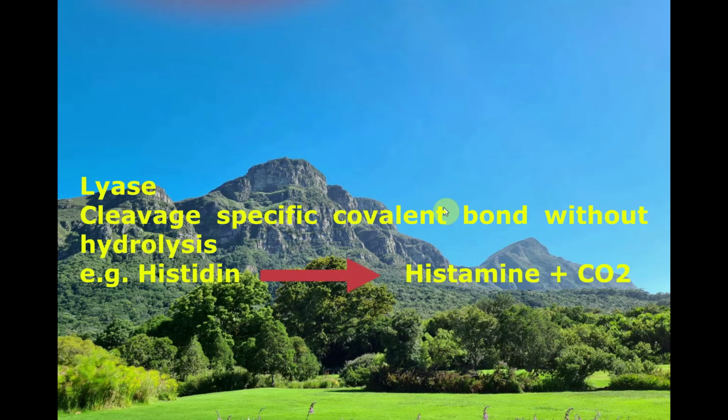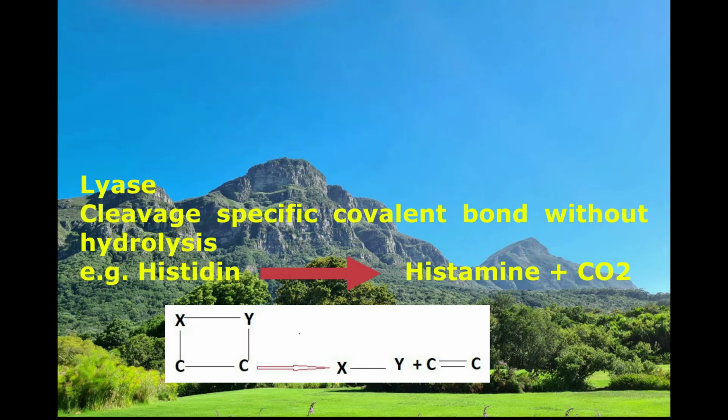Then the fourth one is the lyase. It catalyzes the cleavage of specific covalent bonds and removal of a group without hydrolysis, meaning without addition of water. Same reaction but without hydrolysis, it breaks off the group and produces a new product. Example, histidine decarboxylase cleaves the carbon-carbon bond in histidine to form carbon dioxide and histamine.